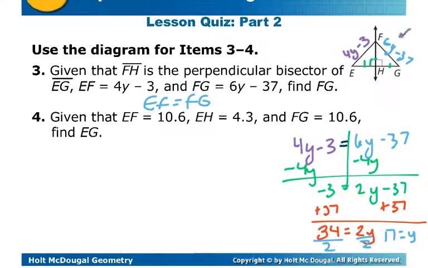So we plug in a 17 right there. It's a really ugly 17. And so if we plug a 17 in back there, we're going to say that the length of FG equals 6 times 17 minus 37, or 65.